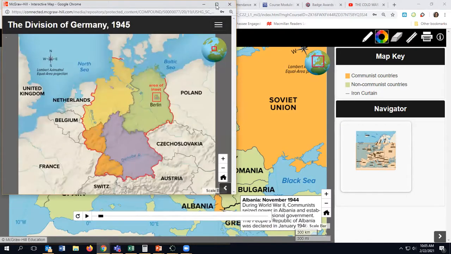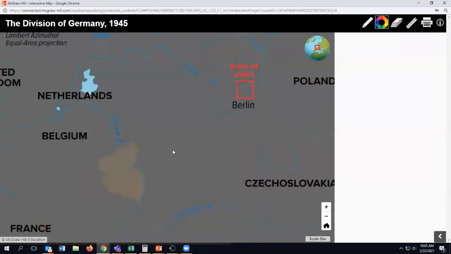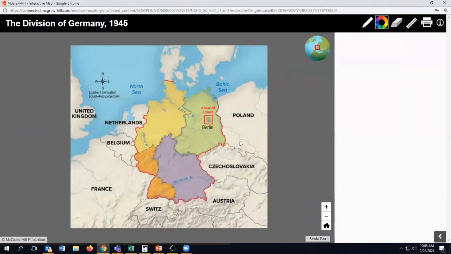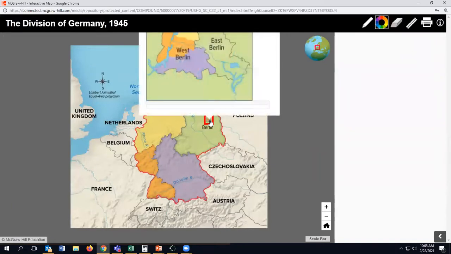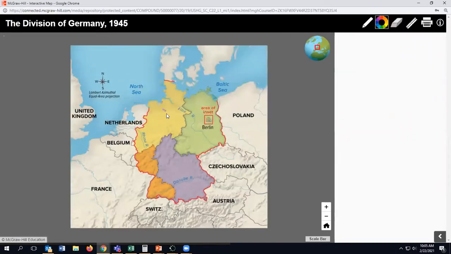There's Germany. Okay. So after the war, the Allies divided up Germany. They thought it would be a good idea to separate the country so that they couldn't get back together and do this again.